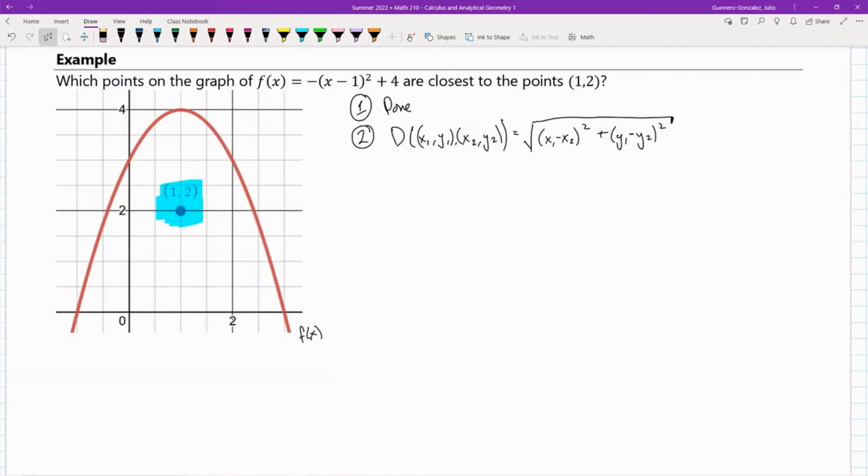So what I'm going to do now is this. We know the coordinates of this blue point. I'm going to grab a random point here, right? So I'm going to say this is going to be my x1, y1, and this is going to be my x2, comma, y2. Make sense?